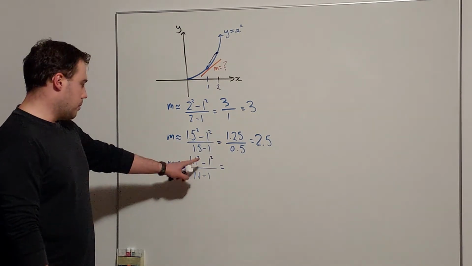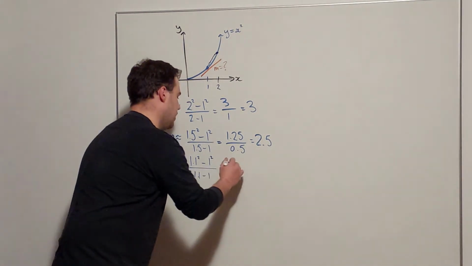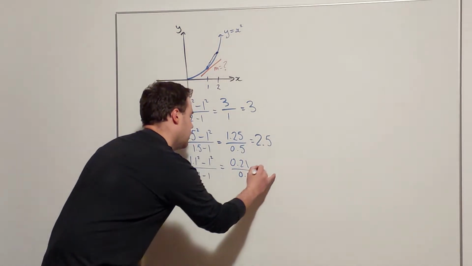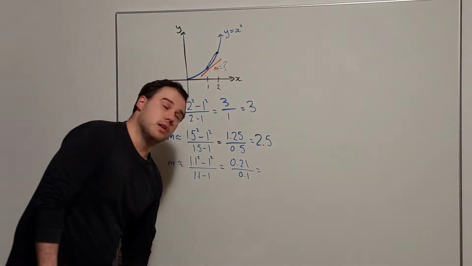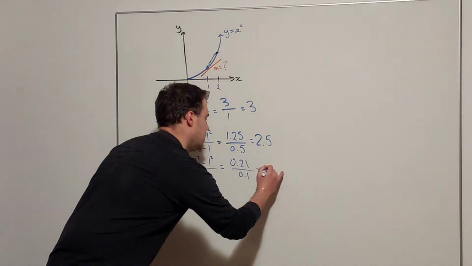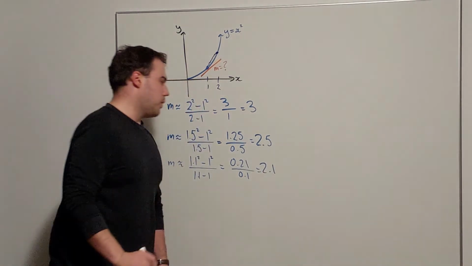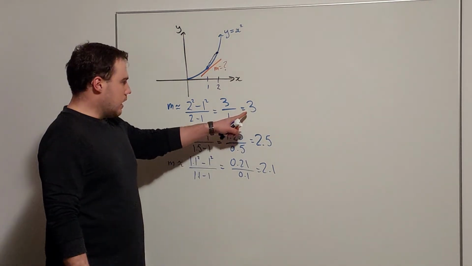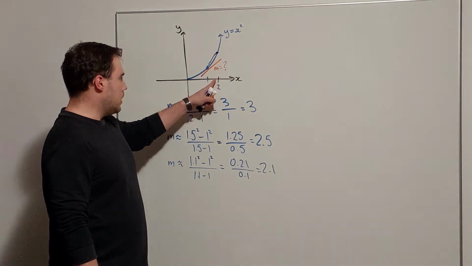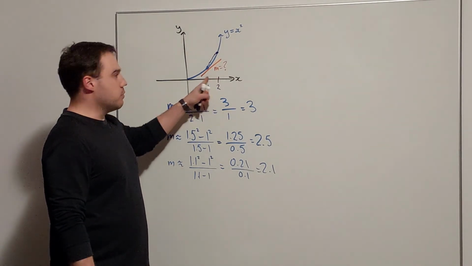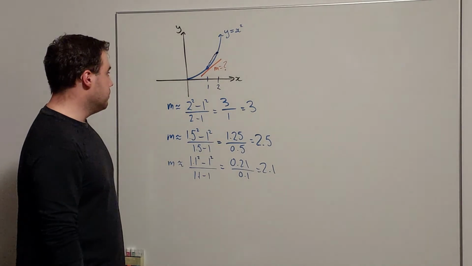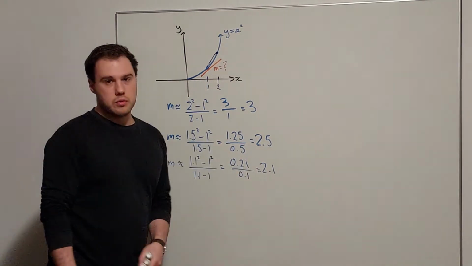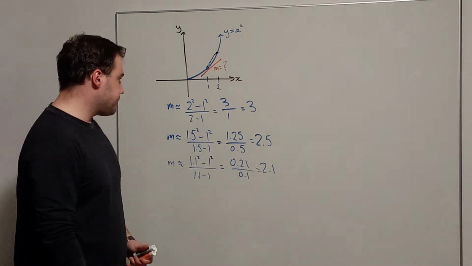All right, so 1.1 squared is 1.21, minus 1 is 0.21 over 0.1, and then 0.21 divided by a tenth will be times by 10, is 2.1. All right, so you can see as the point we've chosen to approximate from gets closer, it looks like this is going towards a certain number.